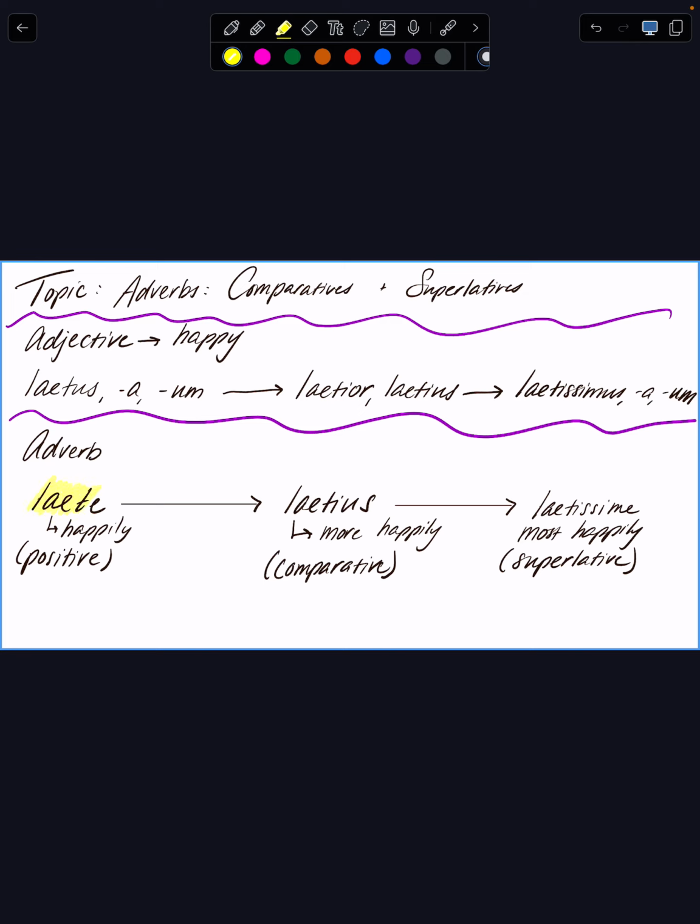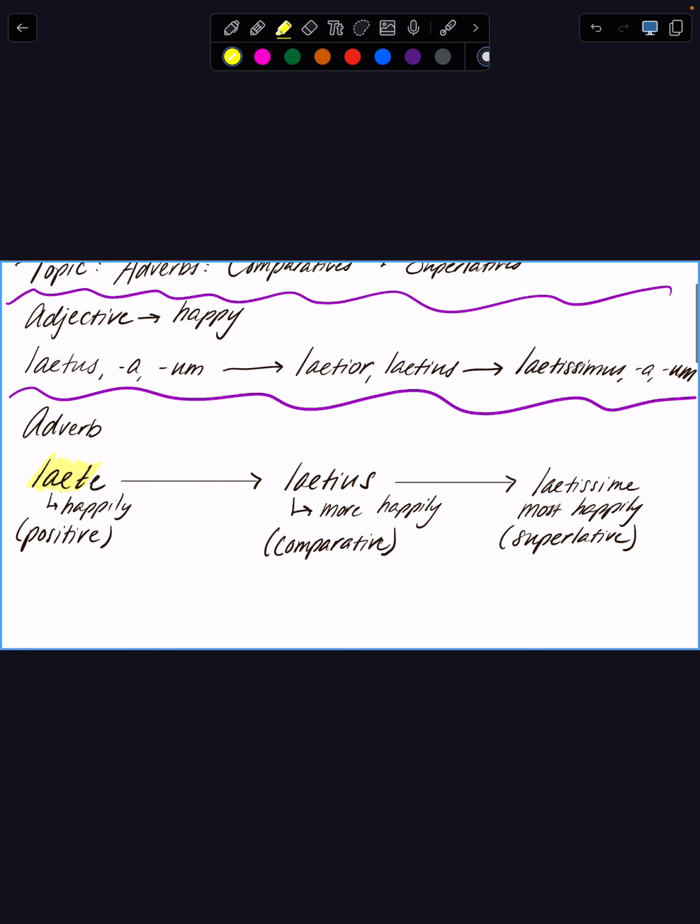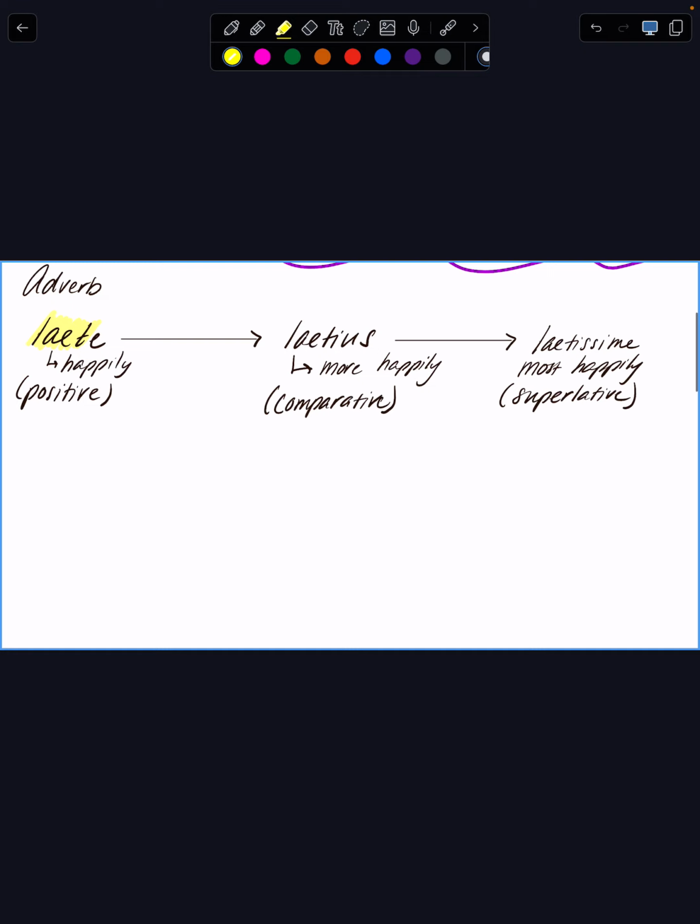The stem is technically laet, and then you just add ius or issime. The T is actually part of the stem. I'm still confused about what you're adding on for each. Okay, I'll do a couple more examples, and then I think it will be a little more clear. Hang tight.